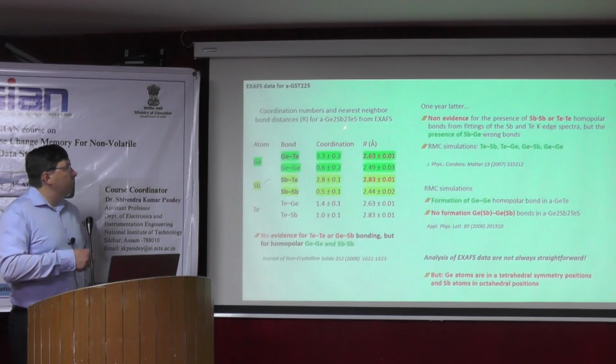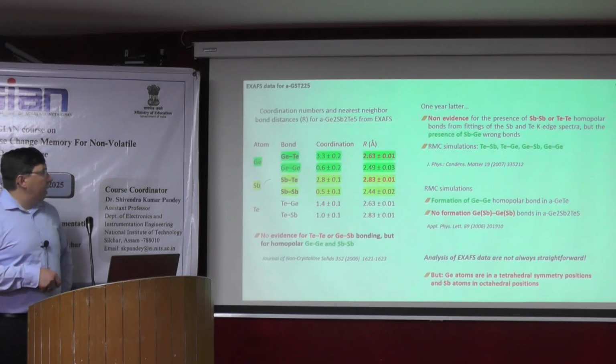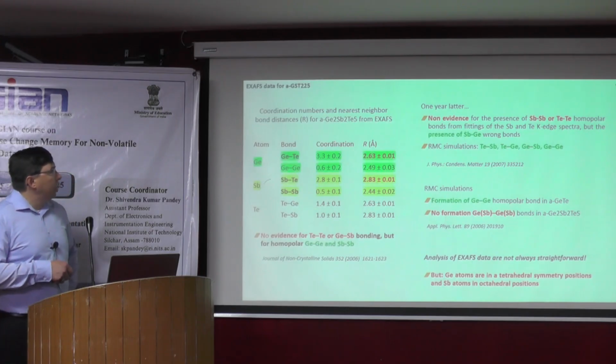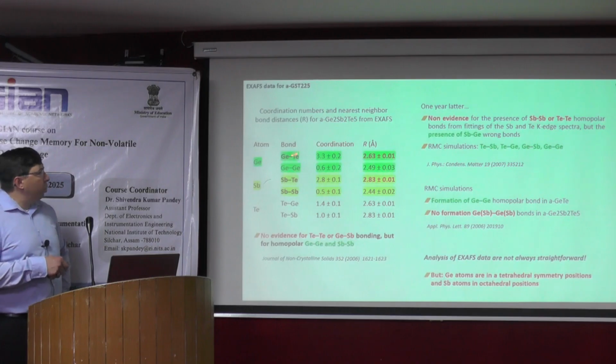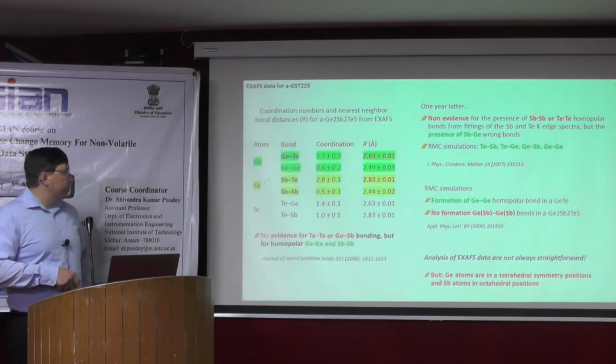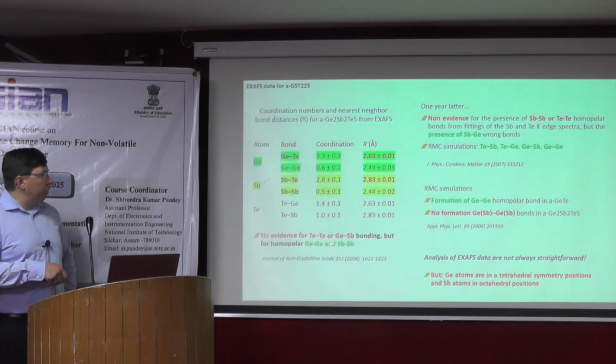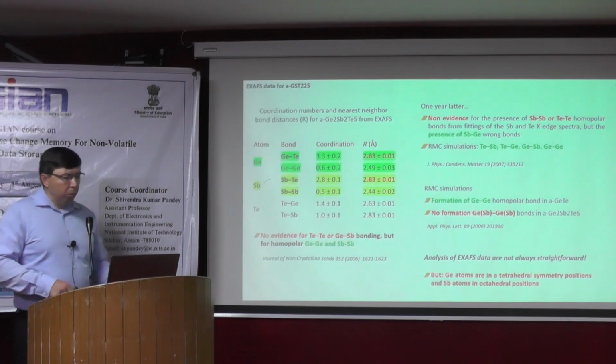Here, for example, for GST225, they found different bond distances and coordination numbers, but they didn't find evidence for tellurium and germanium-tellurium bonding. But some found some homopolar germanium and antimony bonds.